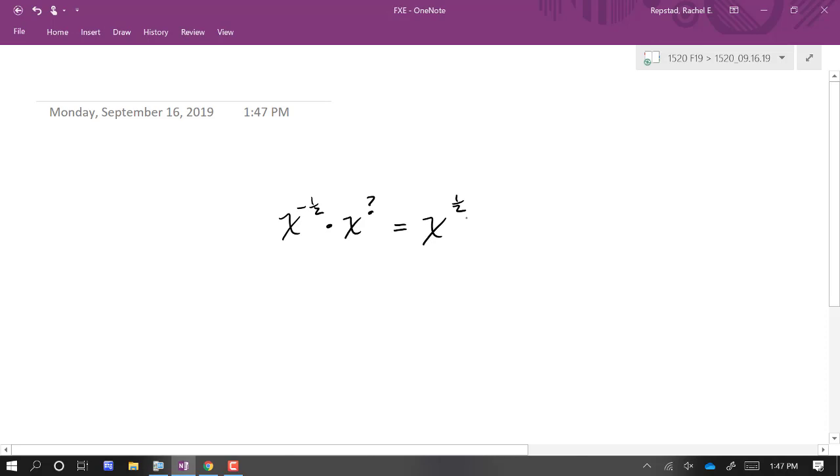If I knew what these exponents were, forget about what's on the other side for a second, these bases are the same, right? How would I find the product? Add the exponents, yeah. So when I ask what's the power on this that I need to multiply by to get the 1/2 power, I'm basically asking, what do I need to add to negative 1/2 to get positive 1/2?